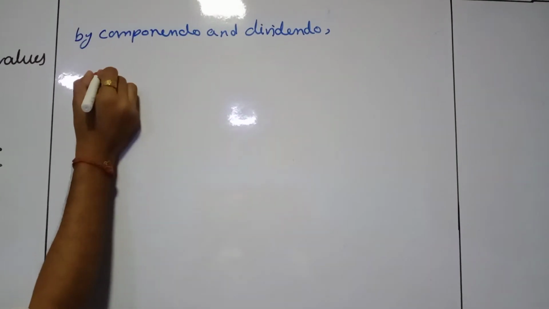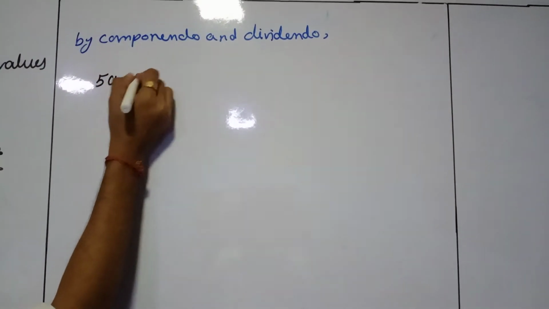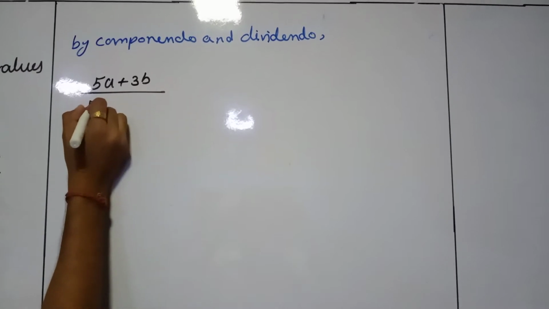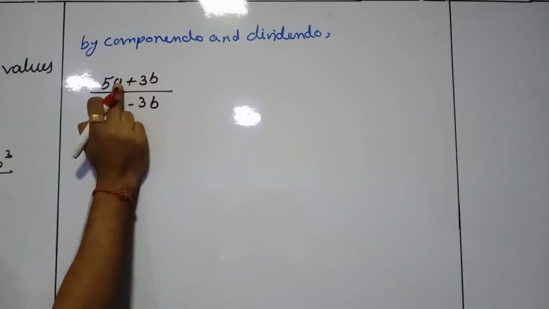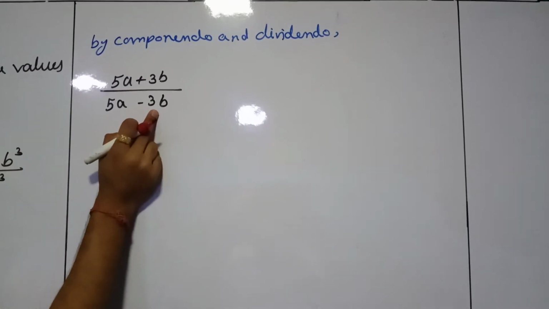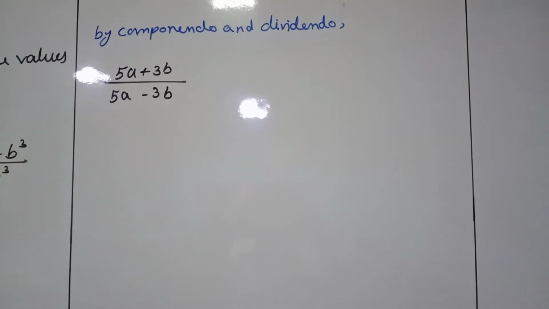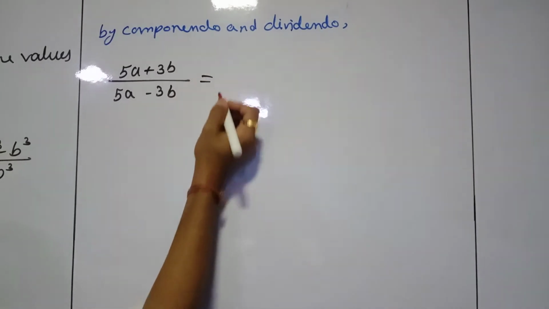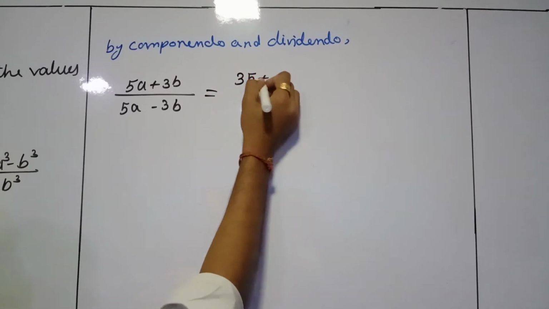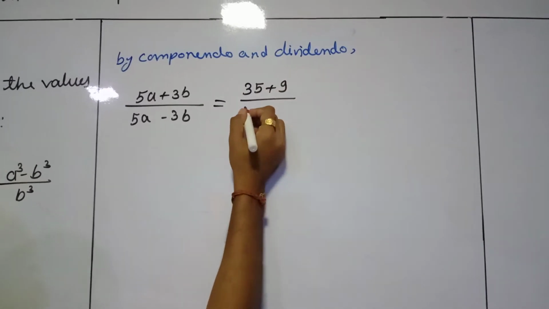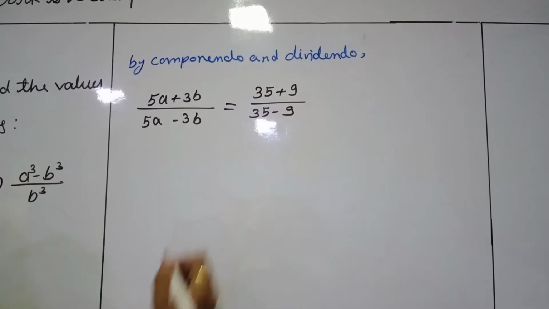So it will become 5A plus 3B upon 5A minus 3B. Once we add the denominator to the numerator, and once we subtract the denominator from the numerator, the same thing we have to do on the right hand side. So 35 plus 9 upon 35 minus 9.